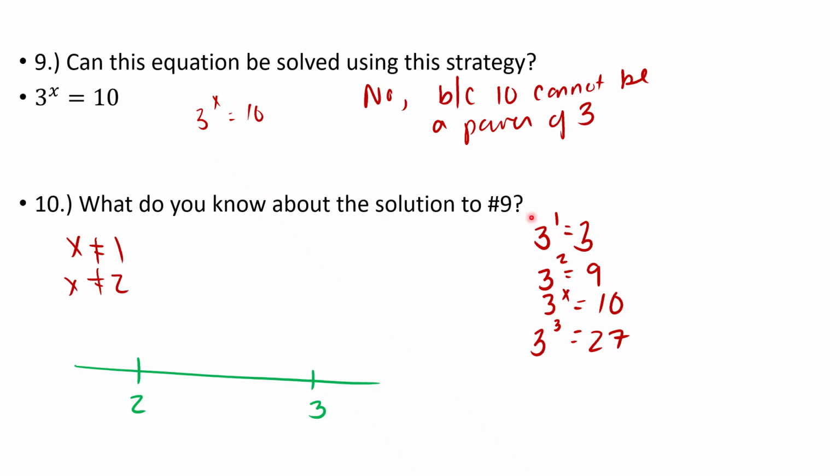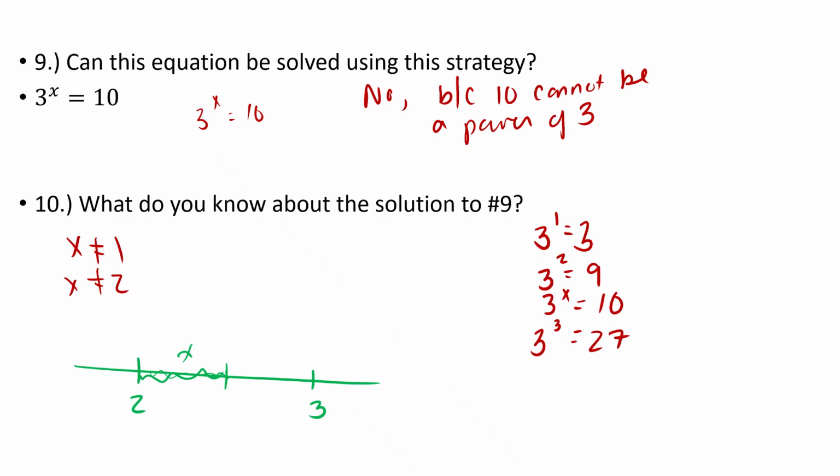Now, how much closer to 2, we don't actually know, because this is not linear, this is exponential. But we can be pretty confident that because 10 is so much closer to 9 than it is to 27, x should be closer to 2. So we're thinking somewhere here. So x is somewhere in there.